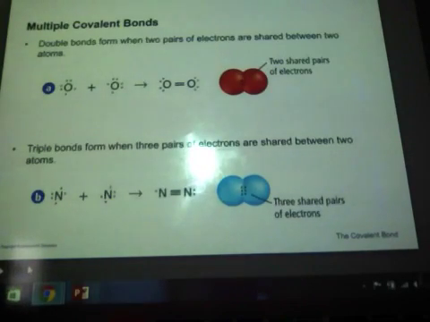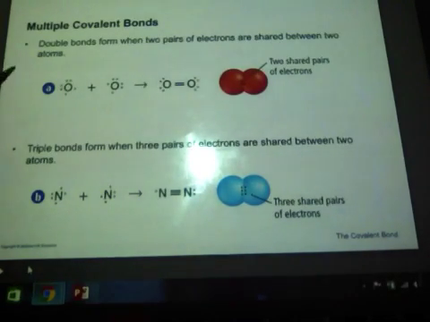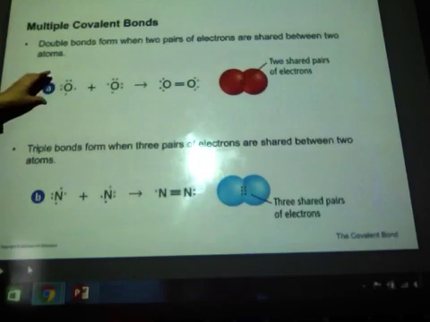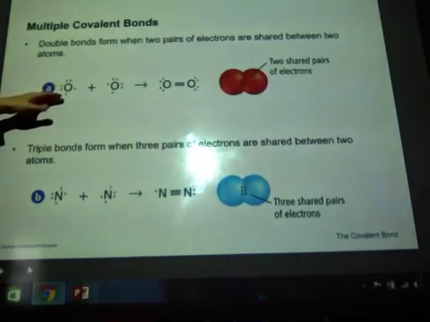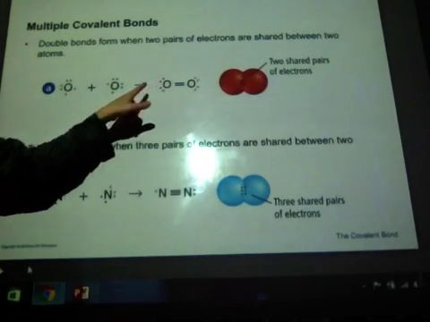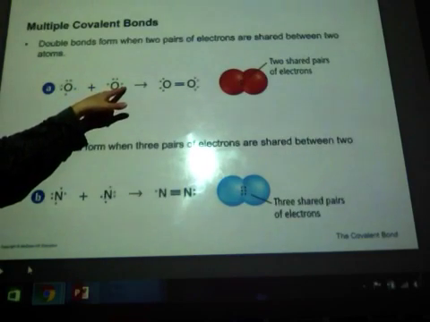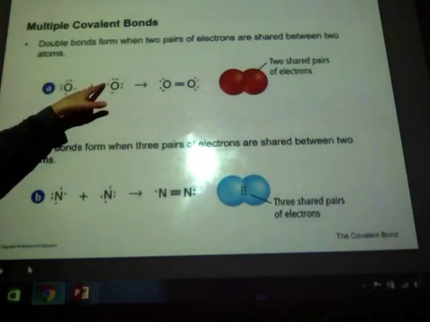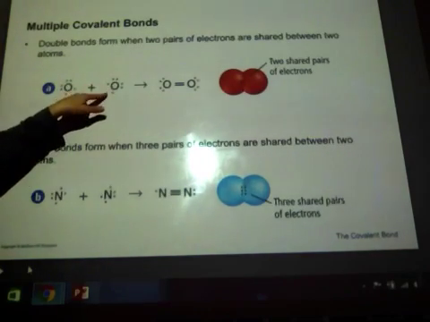So besides single bonds, there are multiple bonds, specifically double bonds and triple bonds. If I look at O2, the oxygen that you breathe, one of our diatomic molecules, it is going to have a double bond because oxygen has 6 valence electrons, so it has 2 open spots to bond.